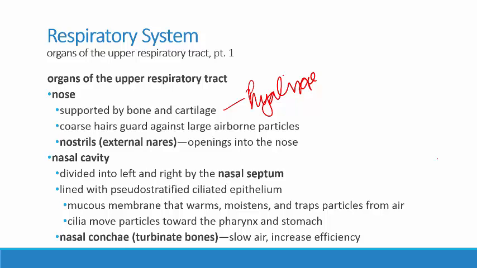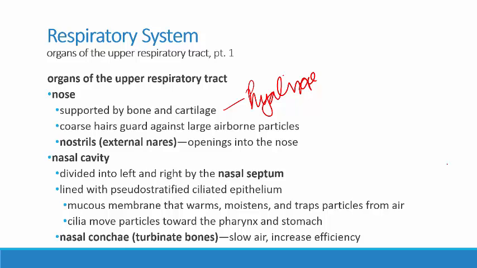The nasal cavity is divided into left and right by the nasal septum, the cartilage and bone that is that middle piece of tissue in between the nostrils. The nasal cavity is lined with pseudostratified ciliated epithelium.